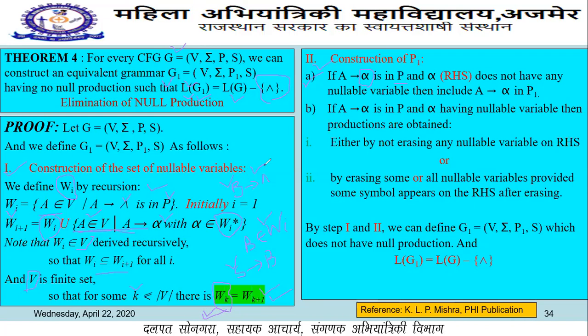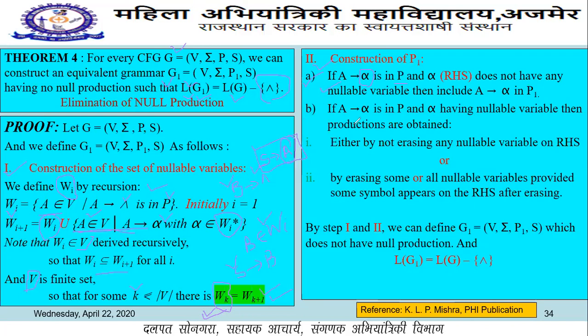So like if we have a production S tends to a, and a is not a nullable variable, then we include this production S tends to a in this set. I hope this is clear.